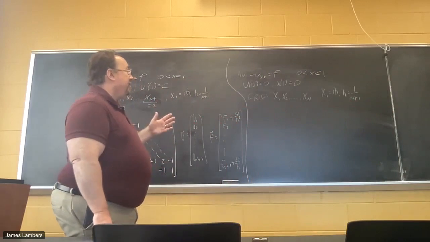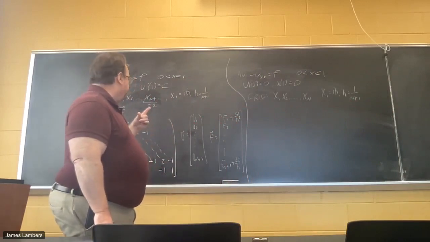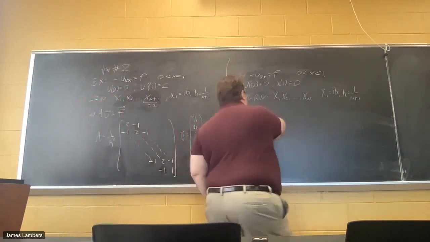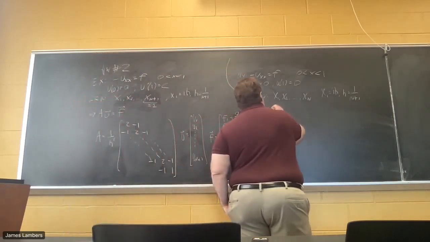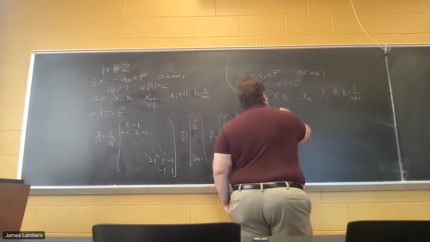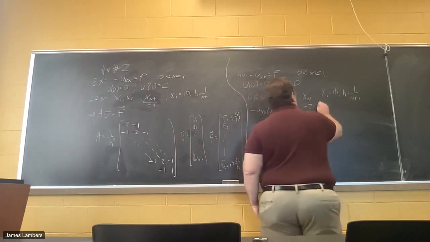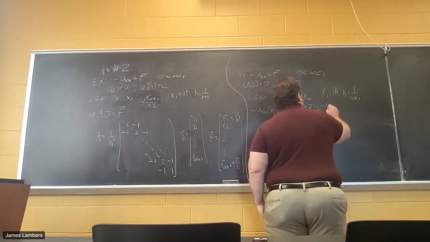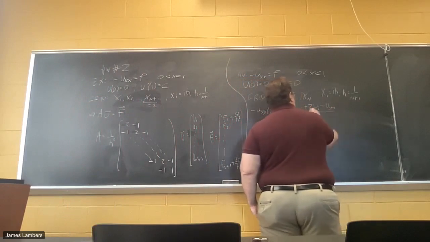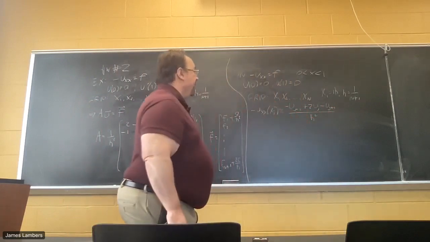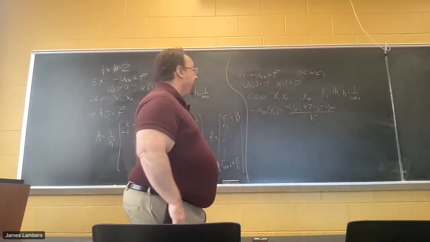So for solving this problem, it's the same finite difference stencil. So minus u_xx at x_j is approximated by minus u_{j-1} plus 2u_j minus u_{j+1}, all over h squared. So that will define the entries of your matrix.